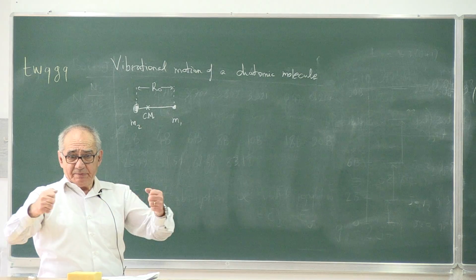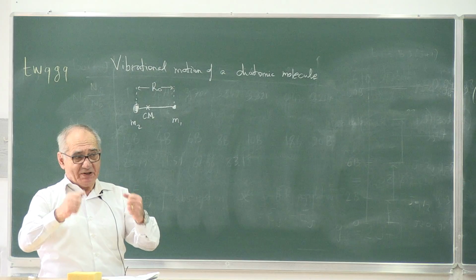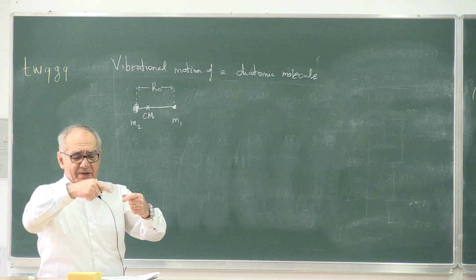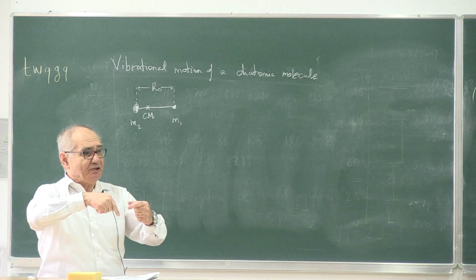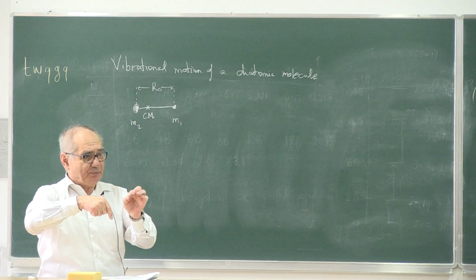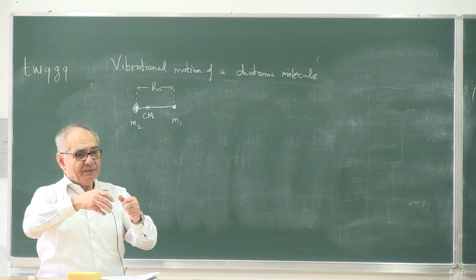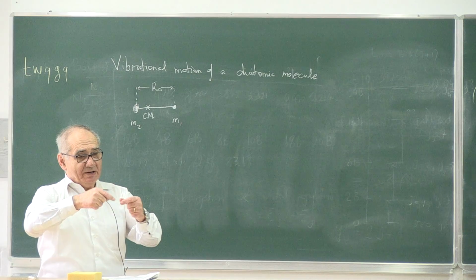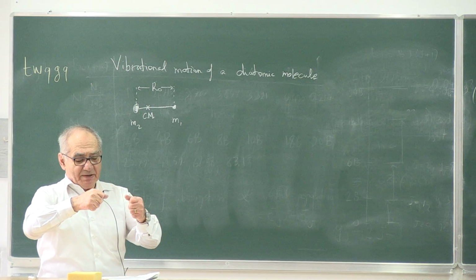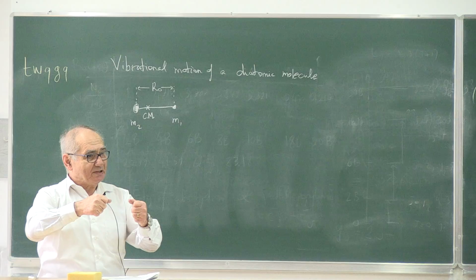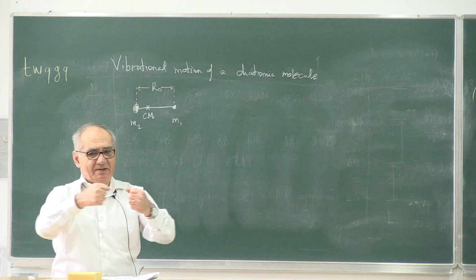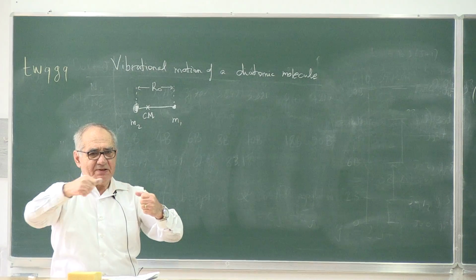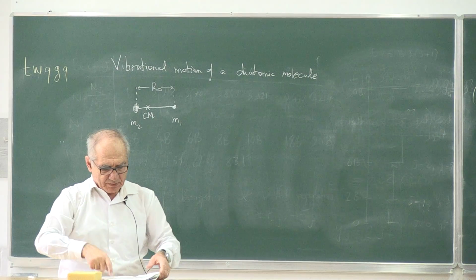During the vibration, the motion must be such that the center of mass does not change. It is fixed in space. And if the motion is making sure that the center of mass is fixed, such a motion is called vibrational motion. And it is necessarily this type of motion, because center of mass must stay at the same place.